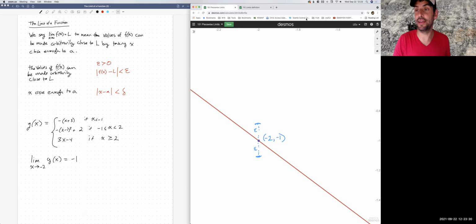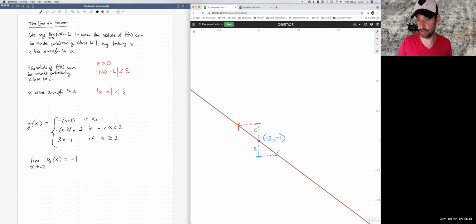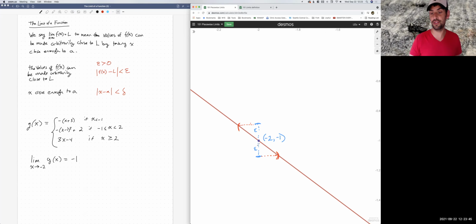Well, if I want to keep the values within this interval, I just have to choose the x values within this interval, and this would be my little delta. And if somebody comes back and says, what if I make it a little bit closer?